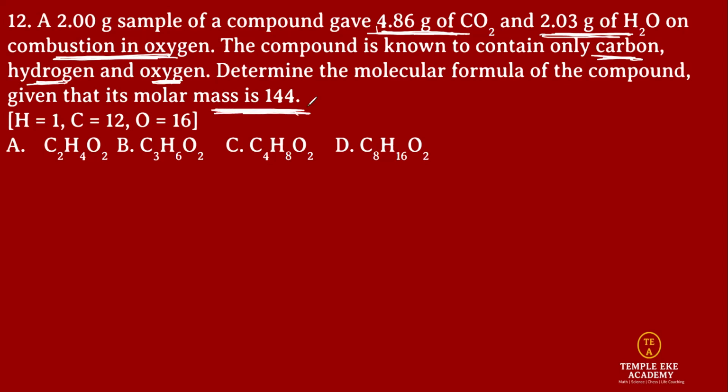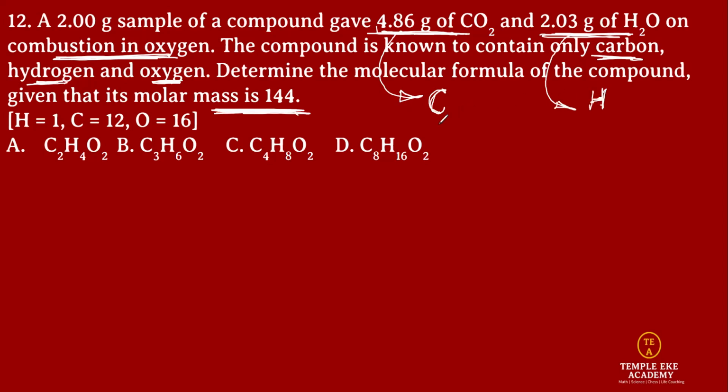All right. The strategy in this work is to use the mass of carbon 4 oxide produced to calculate the mass of carbon present in the compound. Next, we use the 2.03 grams of water formed to calculate the mass of hydrogen present in the compound.